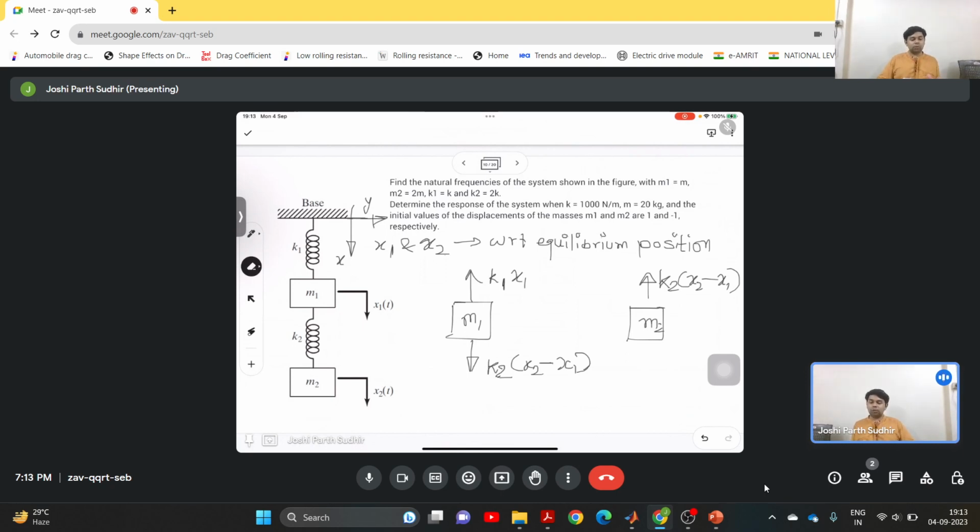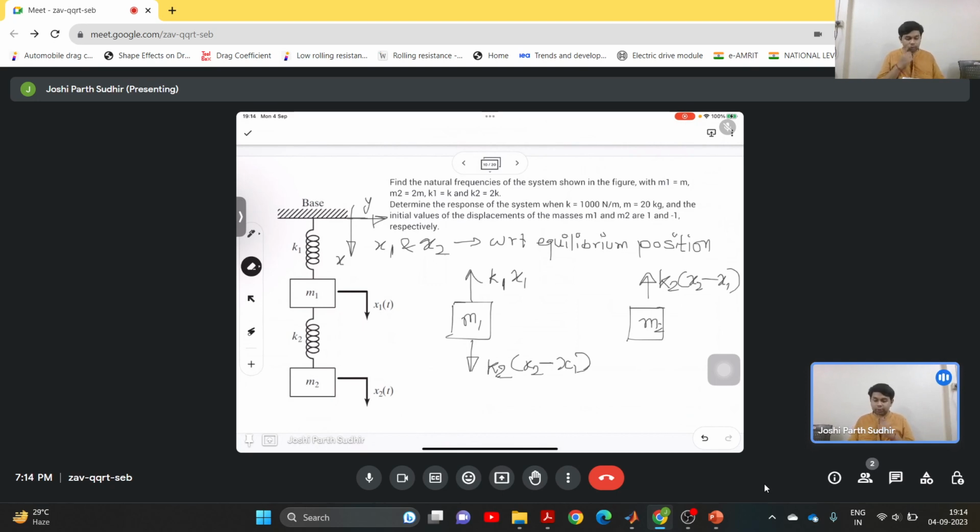Since we have assumed that x1 and x2 are with respect to the equilibrium position, we do not get any component because of the weight of the system. The effect of the static deflection is accounted for in x1 and x2. Therefore, we do not have to consider any of the weights of the masses.